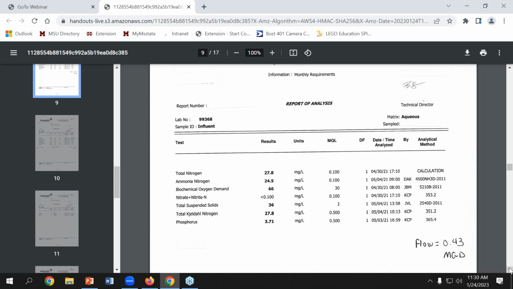So as you see on this particular sample, results that were collected in April of 2021, you see the influent parameters that were collected and sampled by the lab. And we'll move down.